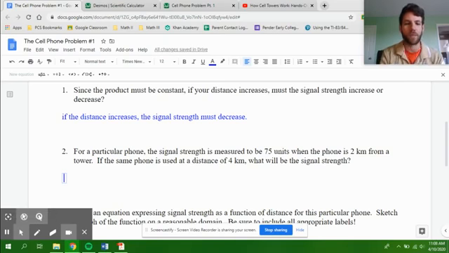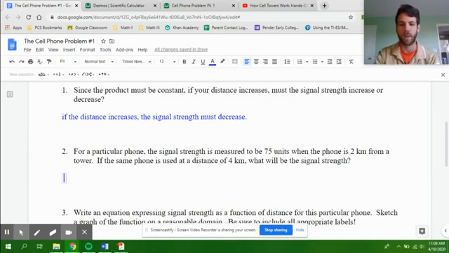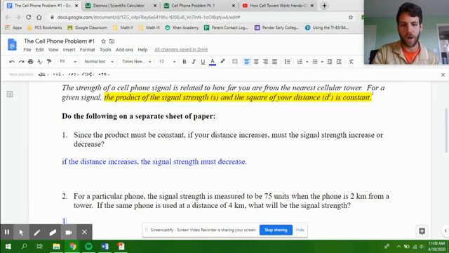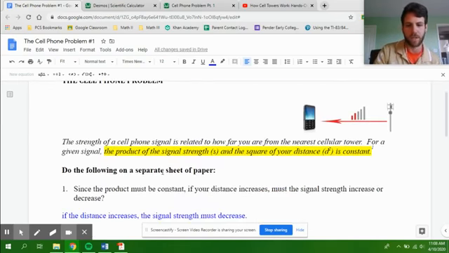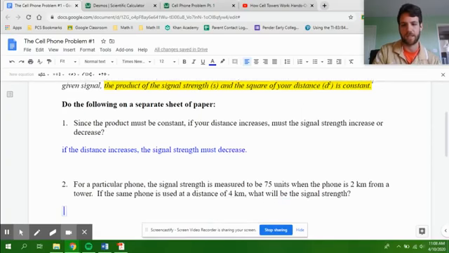We are now on number 2. For a particular phone, the signal strength is measured to be 75 units when the phone is 2 kilometers from a tower. If the same phone is used at a distance of 4 kilometers, what will the signal strength be? So let's look at the first part. We know that the product of signal strength and the square of distance has to be constant.